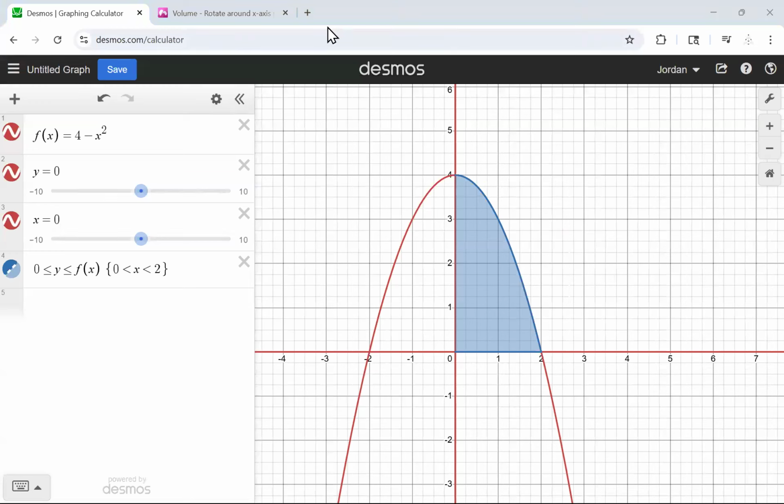At every single value between 0 and 2, again, this is going to be our rectangle that I draw. The height of the rectangle is going to be the height of the cylinder that gets created when I rotate that around the y-axis. But we're at an arbitrary x value here. It looks like a little bit more than 1.25.